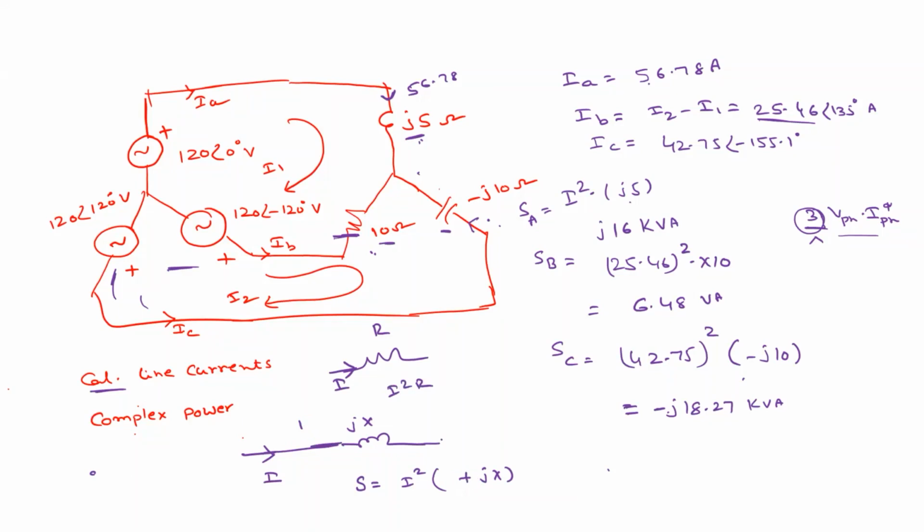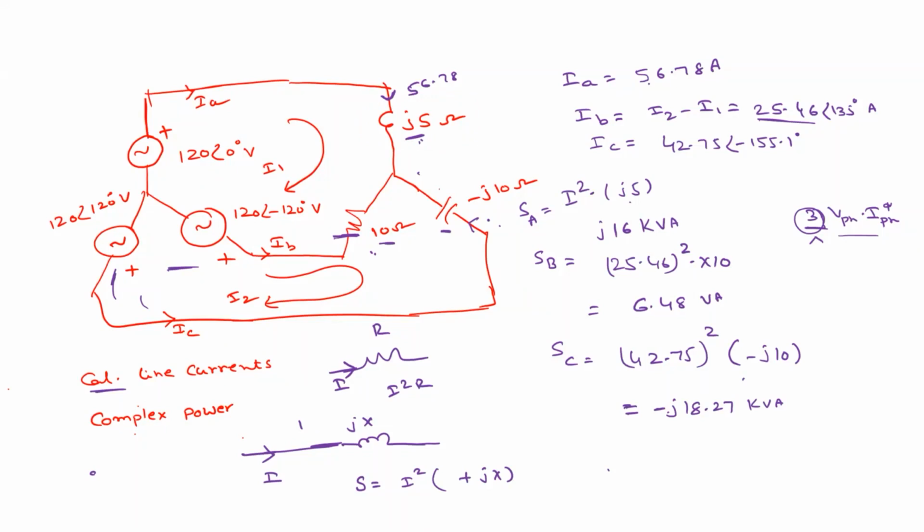Sir, I have a doubt. Here we are using I square R because in a star connection, phase current and line current are the same. Otherwise, generally we can use V square by R. What is the current that is flowing through this element? 56.78, sir, IA. So that's why we are using this. If it's a delta connection system, the load currents may be different.